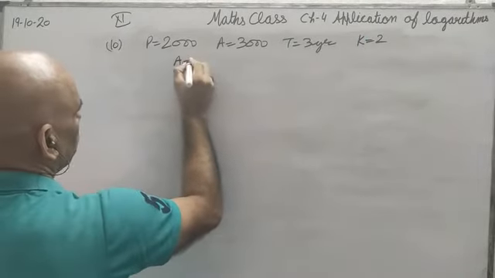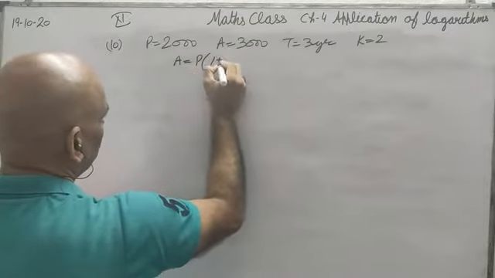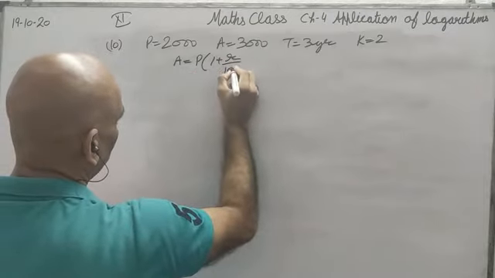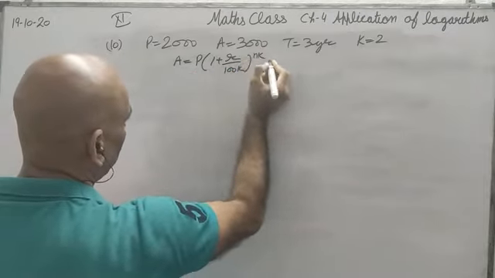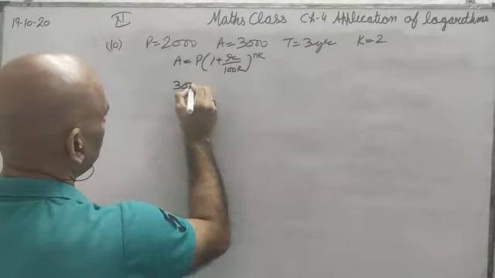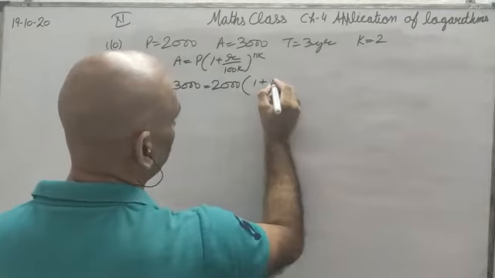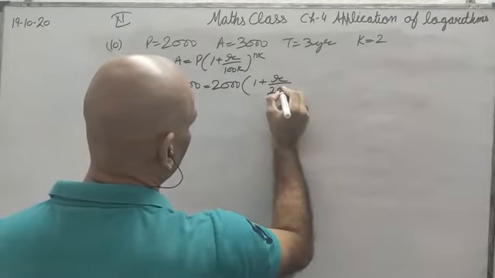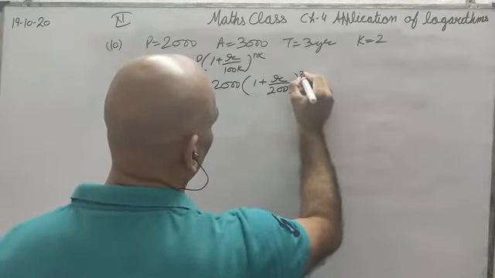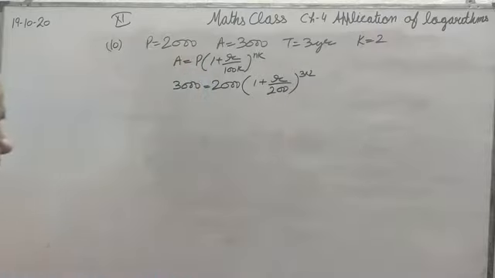So the formula is amount equals P(1 + R/(100k))^(nk). 3000 equals 2000 (1 + R/200), and 3 into 2 is 6.